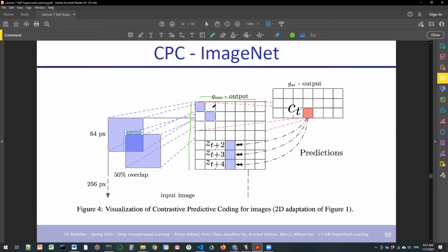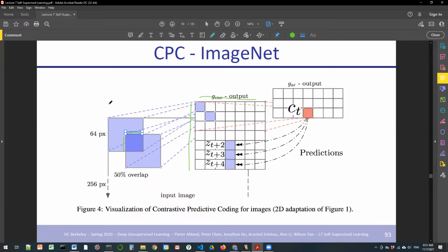So you'll have a grid of embeddings, and based on a context, you choose one of these embeddings as the context, and then you predict a bunch of embeddings for the image that's below, for a number of positions. So you perform 2D predictive tasks on top of the grid. Treat the grid as your sequence of audio signals, and then predict the future.